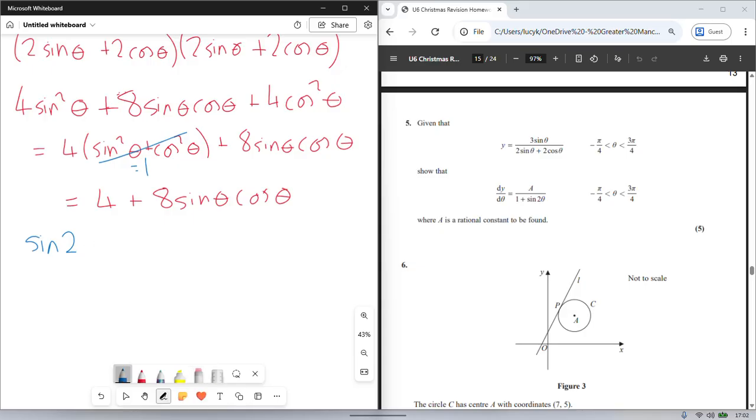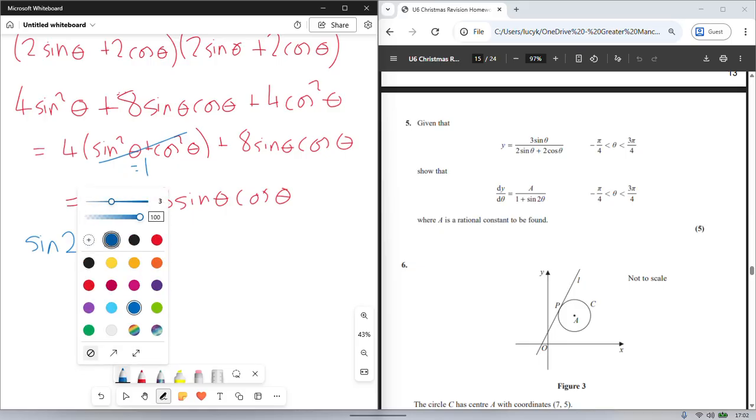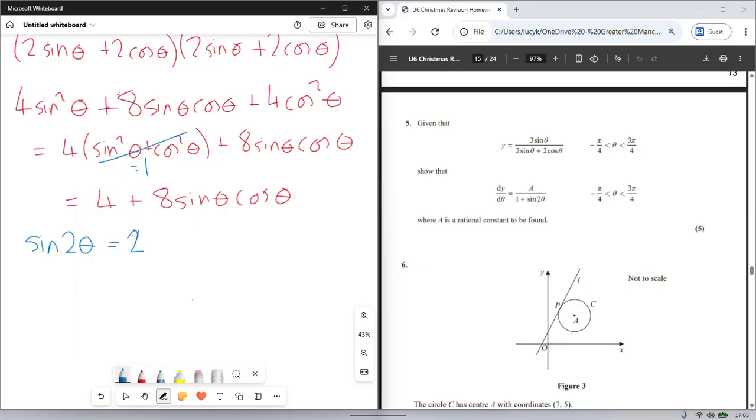So again, you remember, you get this from just using the addition angle formula and replacing a and b with the same parameter. But that will get you 2 sine theta cos theta. So we have 8 of those.